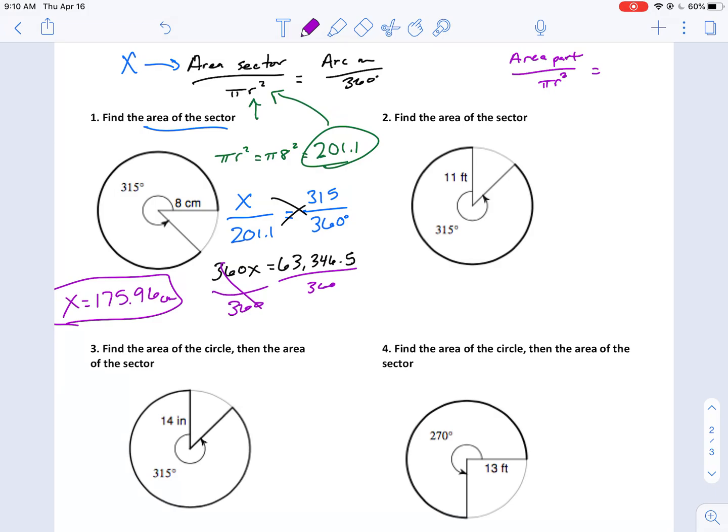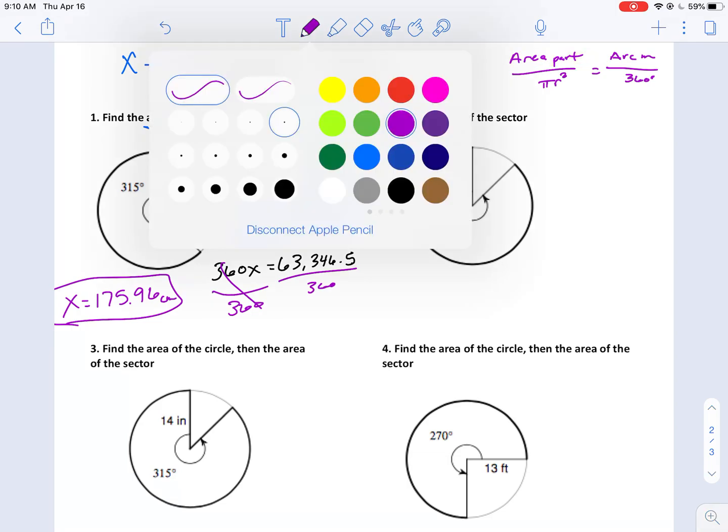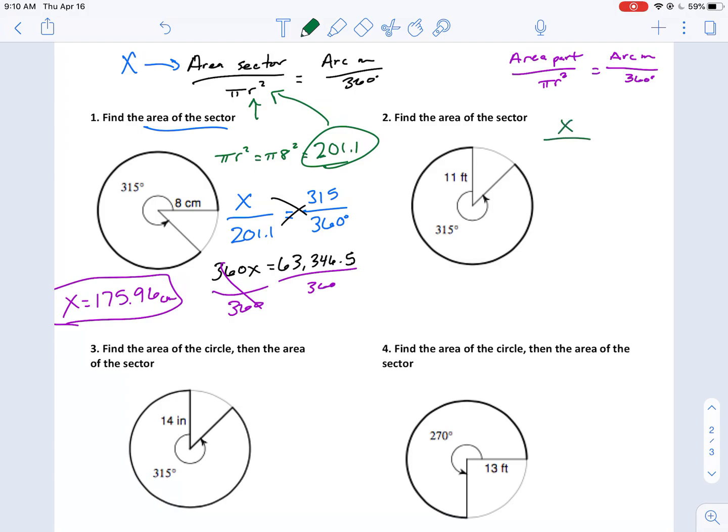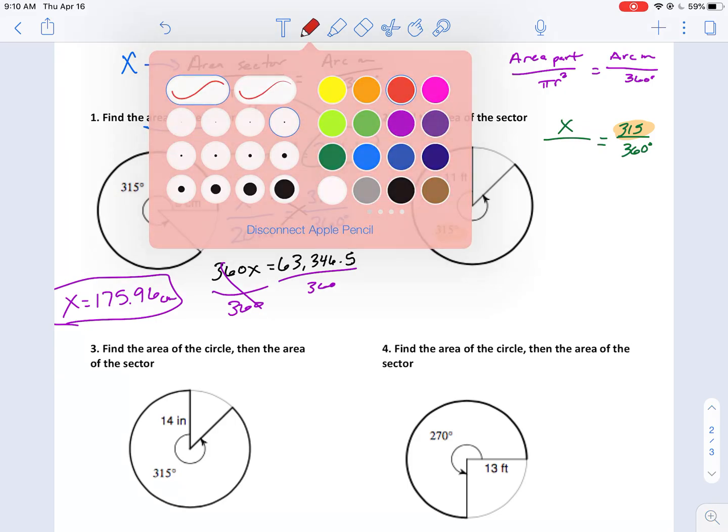So first thing we need the area of the circle. So area of sector, or area of the part, over the area of the whole circle equals the arc measure over 360. So I want to find the area of this part of the circle. Well, I want to find this. That's x. So that's good. I can substitute x in up there.